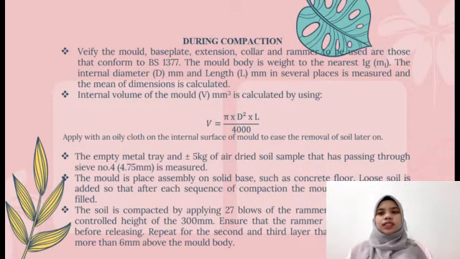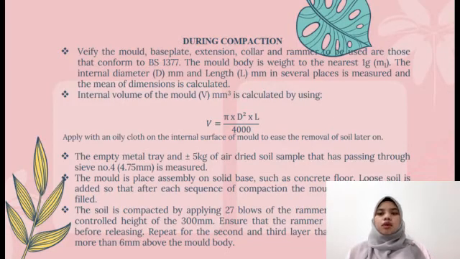During compaction, verify that the mold, base plate, extension, collar and rammer to be used are those that conform to BS 1377. The mold body is weighed to the nearest 1 gram, which is M1. The internal diameter and length in mm are measured in several places and the mean of the dimensions is calculated.